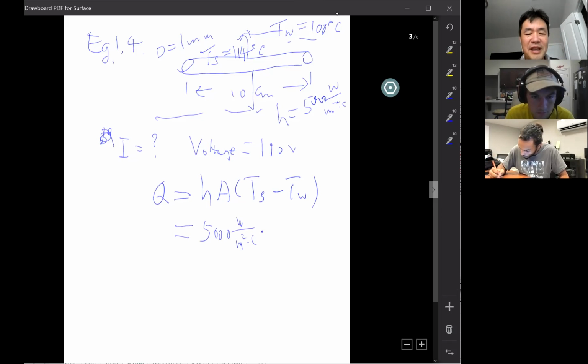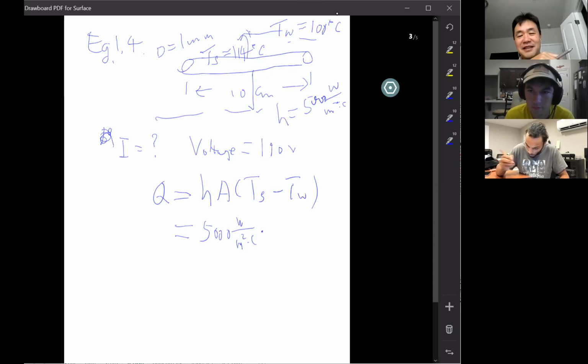Do I know the area? What is the area we are talking about in this problem? Surface area, right? The heating surface area, the effective heating area. So it's the outside surface area of that wire. Do you know how to calculate the surface area of a wire?